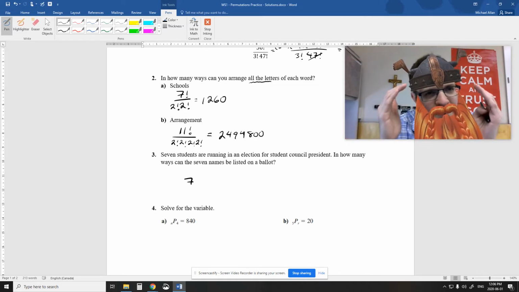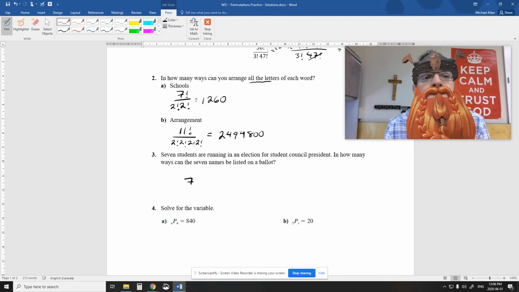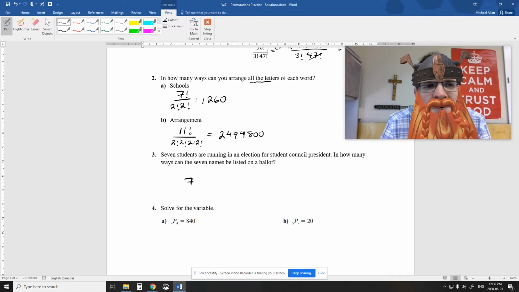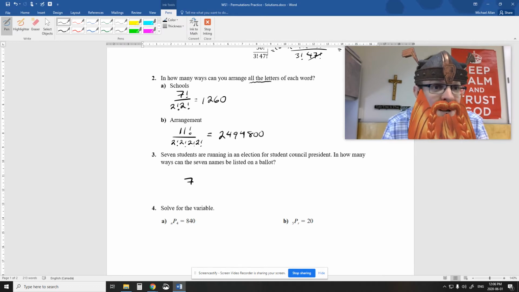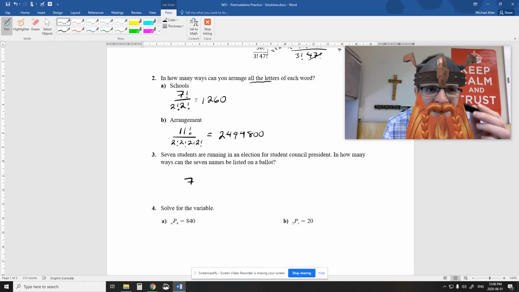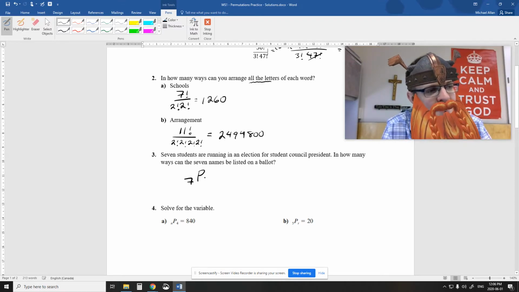But the order in which you put them is sometimes important when you're doing elections. If you're just going to vote because someone told you to, you might just pick the first person on the ballot, or you might be the person who says, I want to pick the one right in the middle. So maybe the order does matter. In this case, I have 7P7, so all the kids are going to be used.